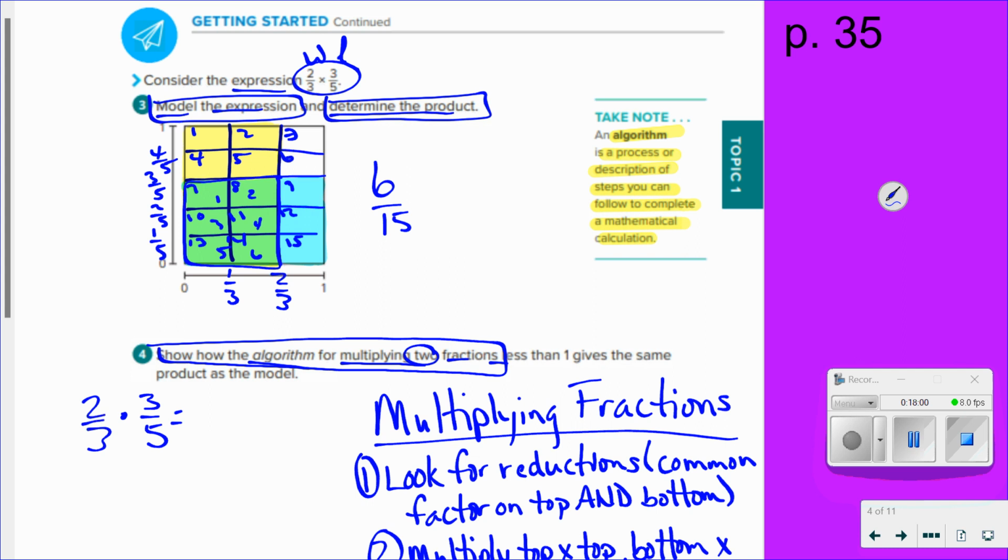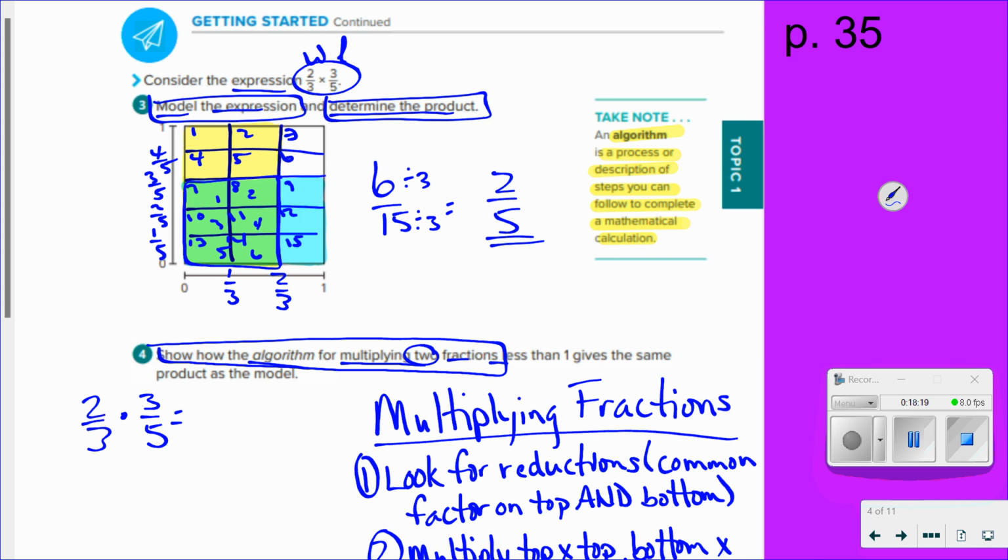Three, so I can divide them both by 3. So that gives me 2/5. Make sense? Any questions on where those numbers came from or why the answer was 2/5? So everybody's okay with it?